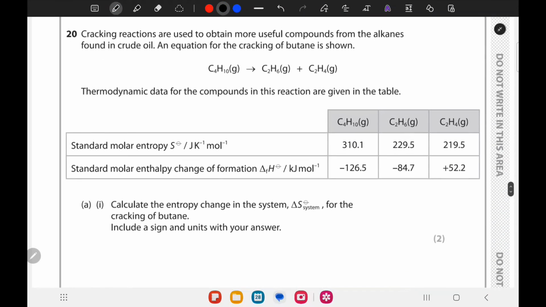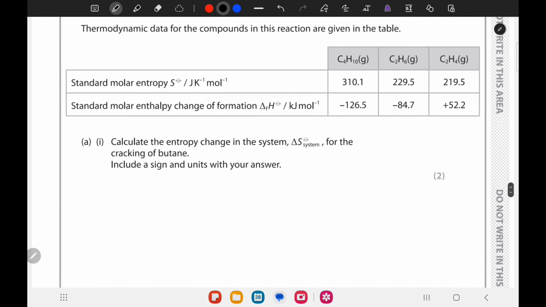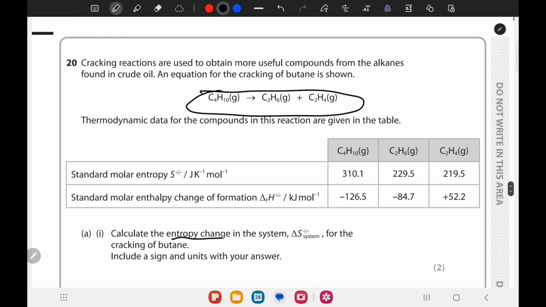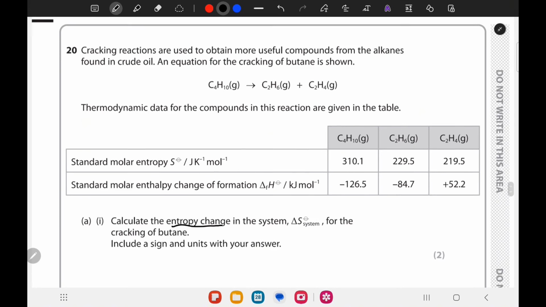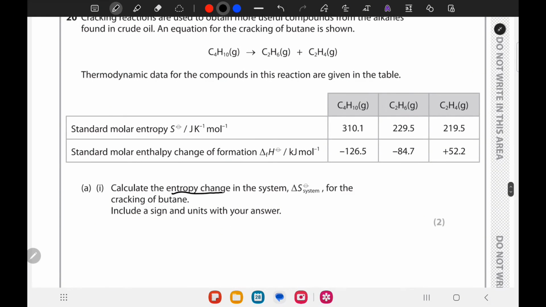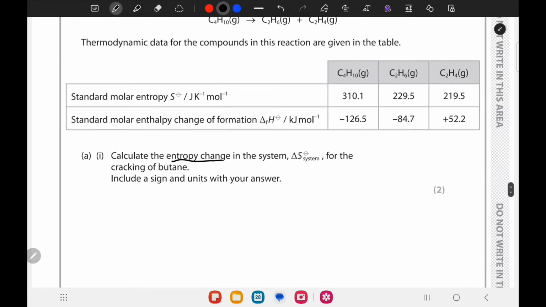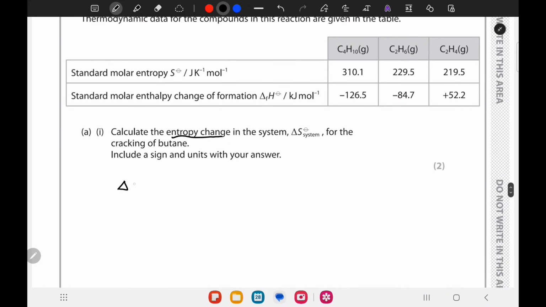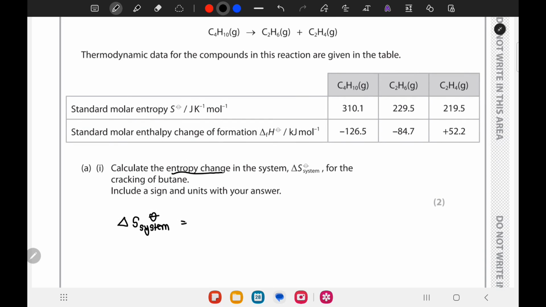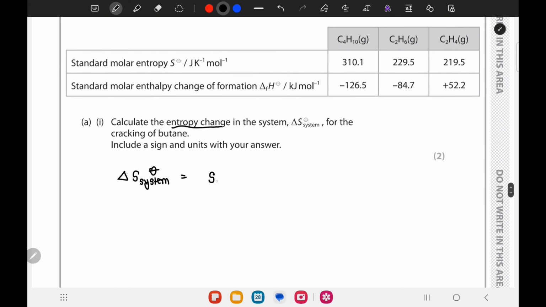Now moving to question 20. In the first question, we have to find the entropy change for this reaction over here. We are given the standard molar entropy of the reactants and the products. So the change in entropy of the system will be the entropy of the products minus the entropy of the reactants. So product minus reactants.